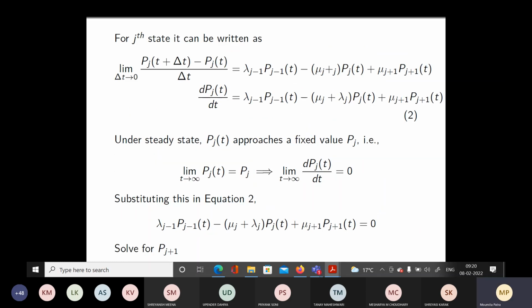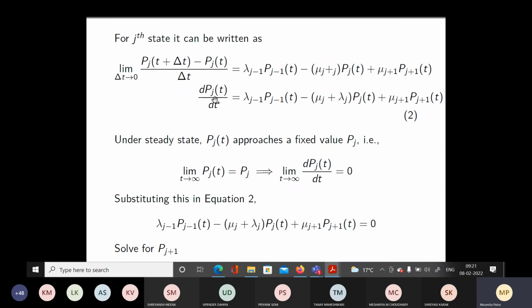Now we can write pj(t + Δt) − pj(t) like this. When the limit Δt tends to 0, we just take the derivative here, so this is [pj(t + Δt) − pj(t)] / Δt, that is given by this term. Okay, this is a mistake here.